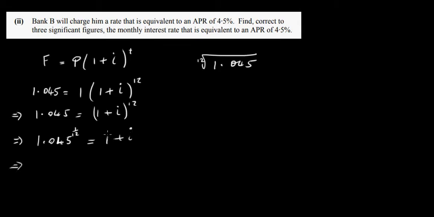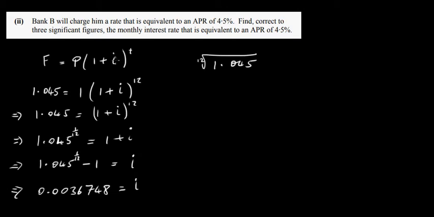Now we got to get rid of this 1 here from the right hand side, so it's 1.045 to the power of 1/12 on the left hand side. We're going to subtract 1 from both sides. That will give me I here, and when you work that out, what you get is 0.0036748. So that's the I here.